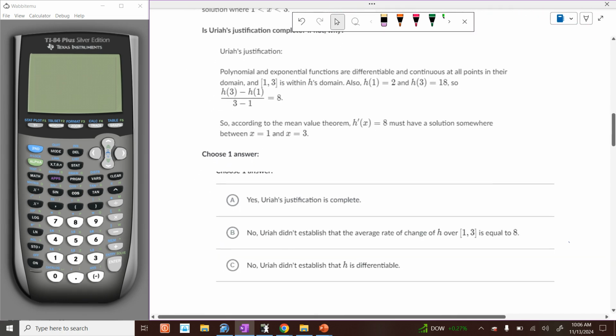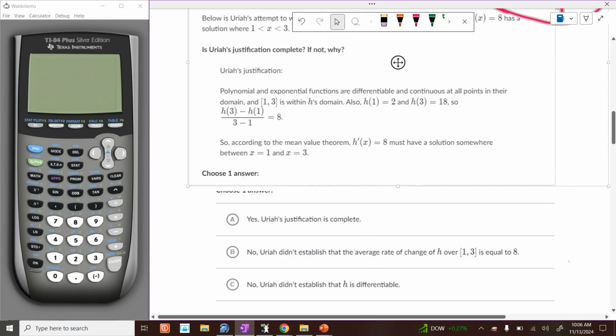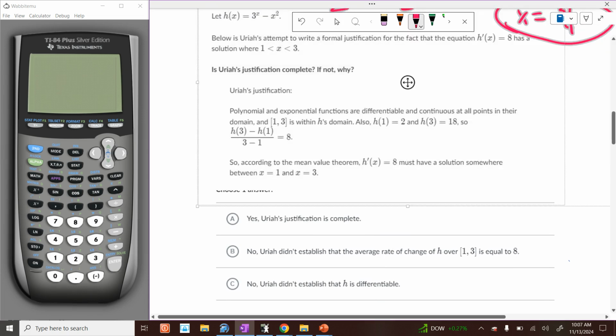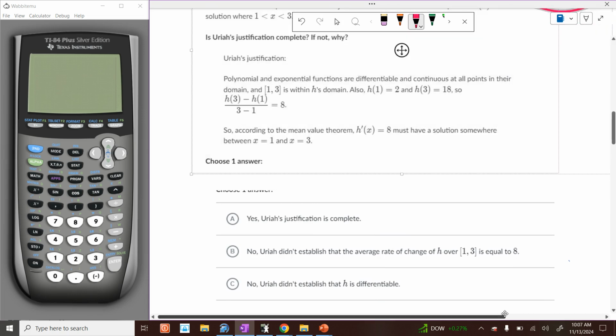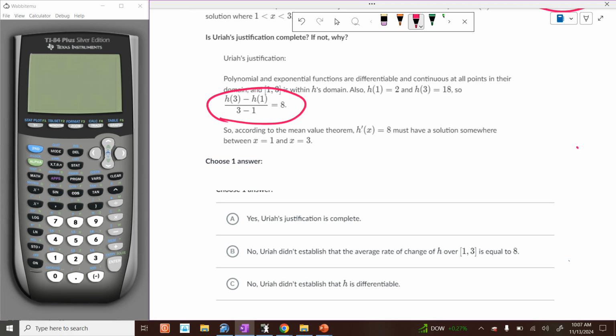Now, it could say that his justification is complete, or he didn't establish the average rate of change is equal to 8. Well, I think he did right there. So right here, he established the average rate of change is equal to 8. So we know he did that.